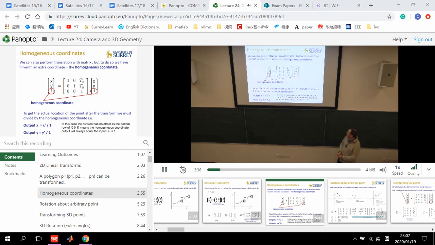And in particular, for this transformation here, which is a translation, this will have the effect of translating point x to its image x prime, such that x prime is equal to x plus tx. y prime is going to be equal to y plus ty, and then the homogeneous coordinate is going to be equal to 1 because that bottom row is just fixed at 0, 0, 1, so it can't be anything else.